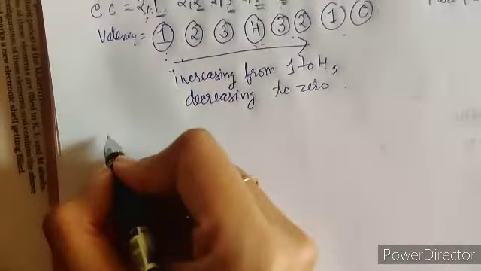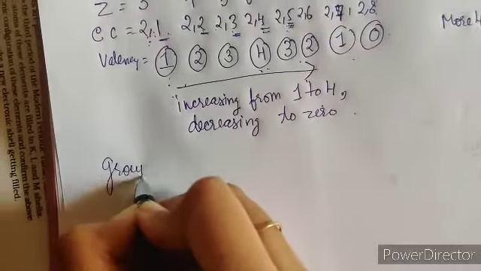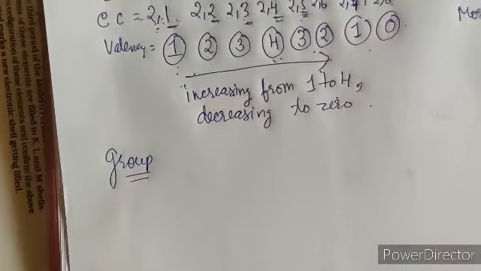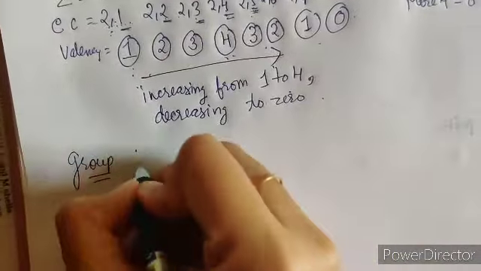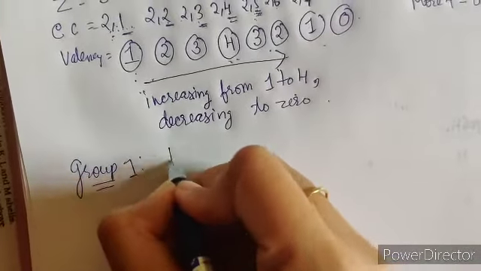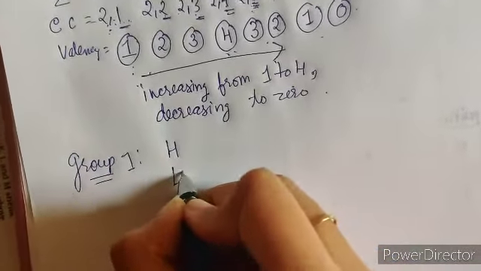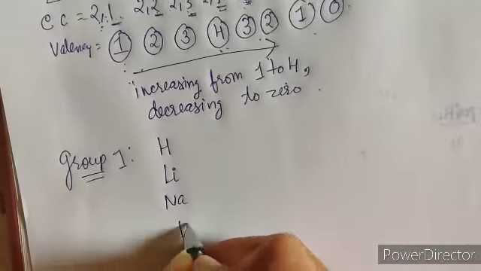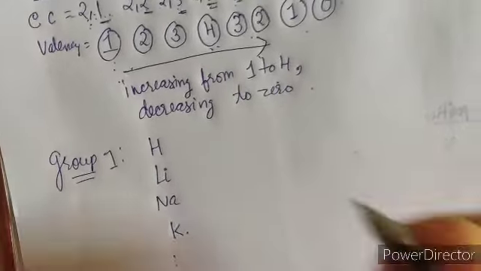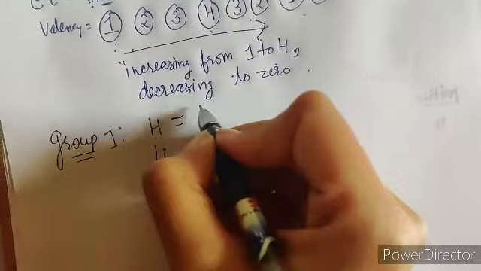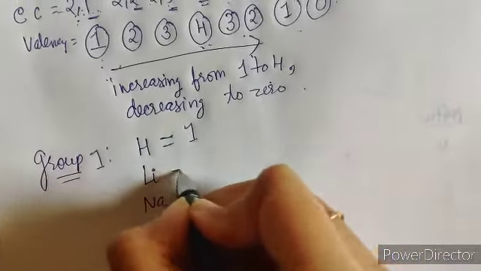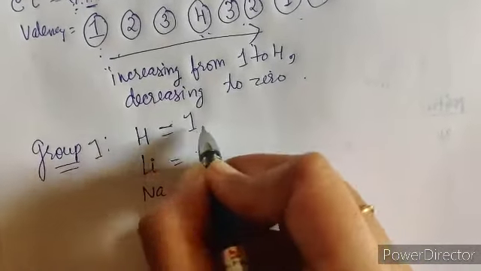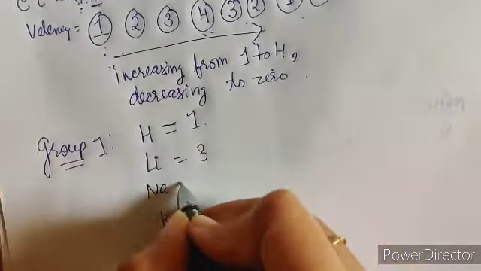Now see what will happen when we move in a group. We will take a simple example of group 1 elements: hydrogen, lithium, sodium, potassium and so on. The atomic number of hydrogen is 1, lithium is 3, sodium is 11 and potassium is 19.